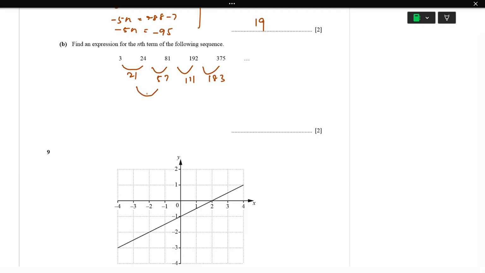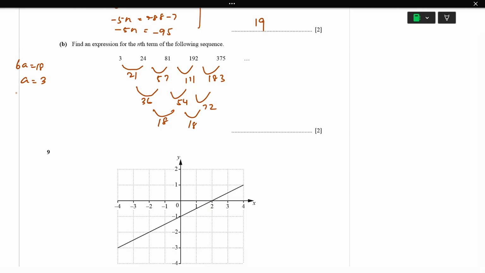Again we go for the difference. Here is 36, here is 54, and here is 72. Again when we go for the difference, it is 18, which is 18. Okay, we got the same value, so this is a cubic. The last one: 6a equal to 18, so a equal to 3.